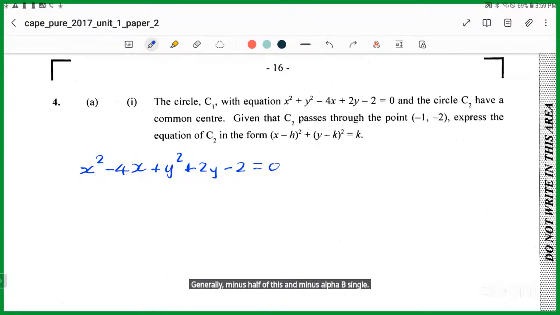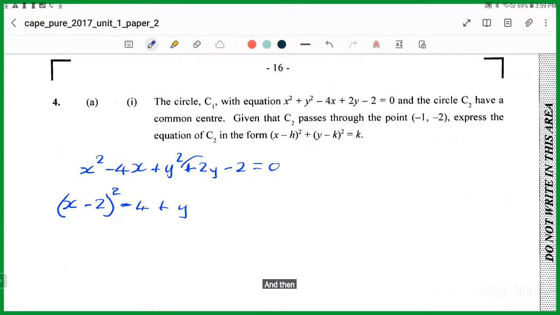But anyway, let's go. Compute the square of these two to be x minus 2 squared, minus the square of this, which is 4. And then y, half of this is plus 1, squared, minus the square of this, which is 1, minus back this 2 equals 0.